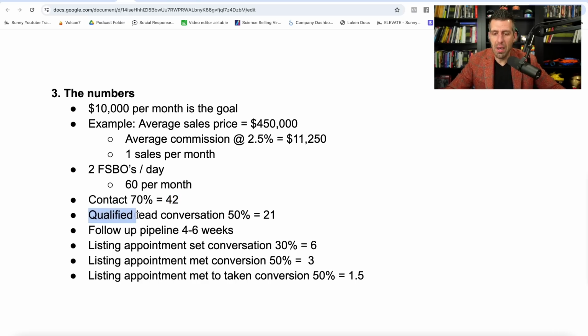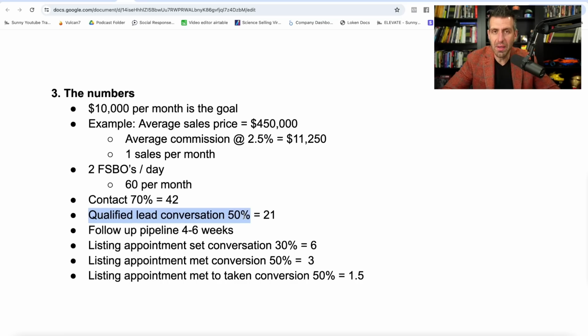Now, let's talk about the quality lead conversion. What I mean by quality lead here is when you have that conversation with the for sale by owner and you ask them, listen, if you cannot sell this on your own, call it in 30, 60, 90 days, would you be totally against the idea of giving me the opportunity to earn your business?